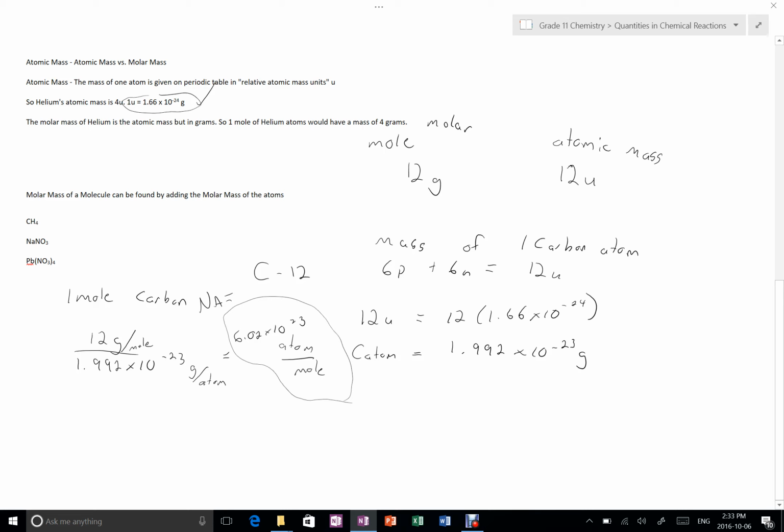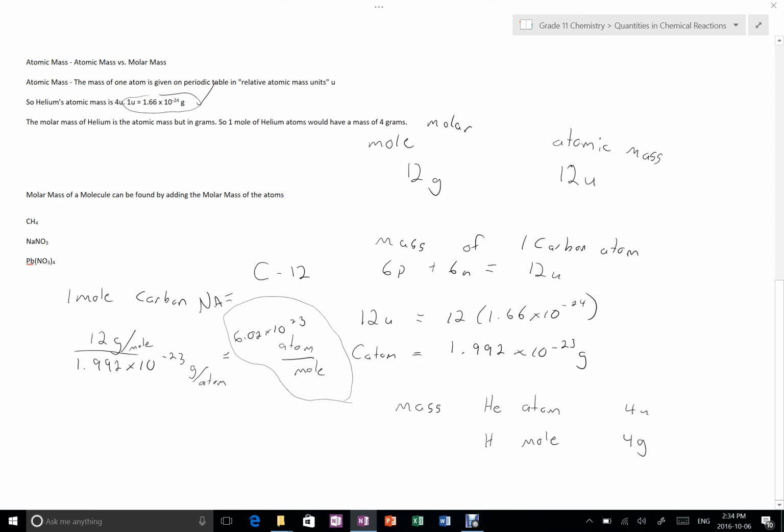This is true for all other atoms as well. For example, if you look on the periodic table, you'll see that helium has an atomic mass of 4. That means if you wanted the mass of the helium atom, we would say it's 4U. If we wanted the mass of a mole of helium, we'd say it's 4 grams.